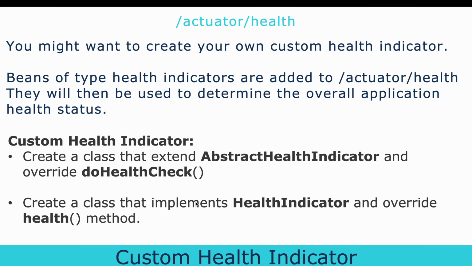Those classes must then be tagged as Spring Beans. If Spring finds a bean of that type, it will add those health indicators into your Actuator health endpoint. They will then be used to determine the overall health status of your application.